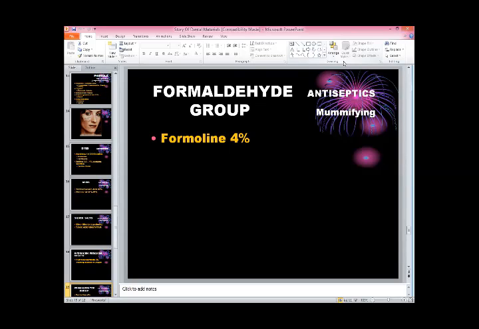Mummifying, preservation. Shanze, Farhan. Anyone else? Dead body, conserving, preserve. Yes, in a way we can say that we are preserving it.